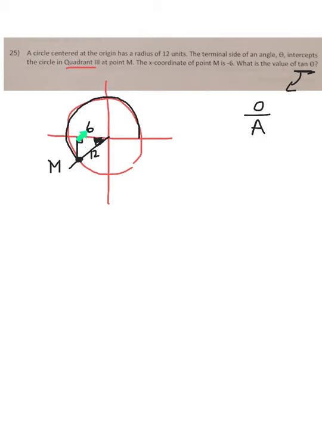And my adjacent is 6. So I have to do Pythagorean there. So I have 6 squared plus b squared equals 12 squared. And this is the b that I'm referring to. So we got 36 plus b squared equals 144.